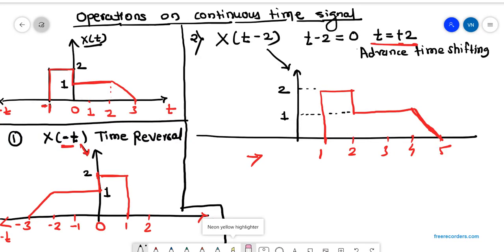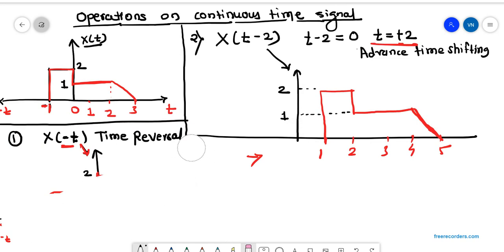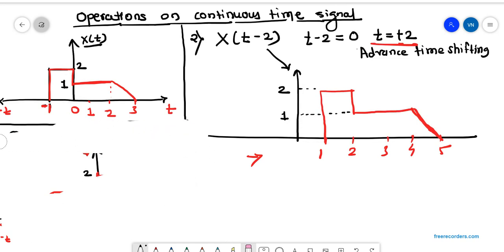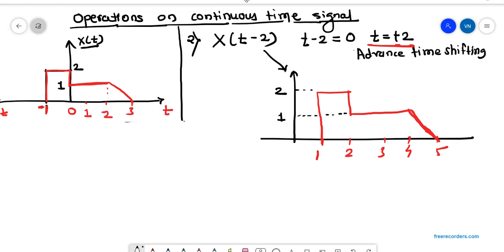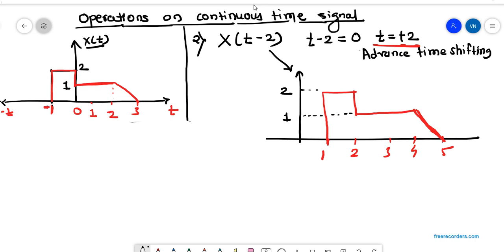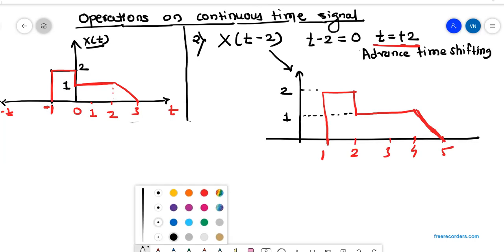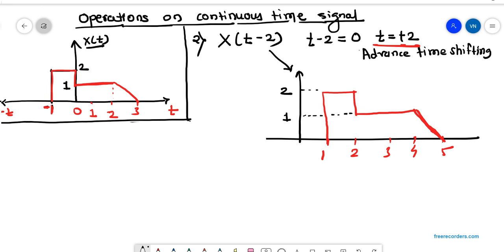Now suppose I take another example. If I want to draw x of t plus 2, then t plus 2 is equal to 0, so basically t is equal to minus 2.